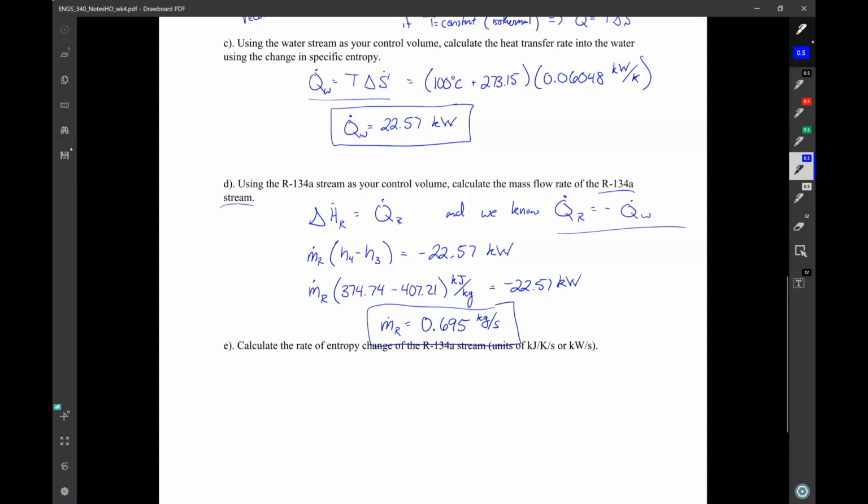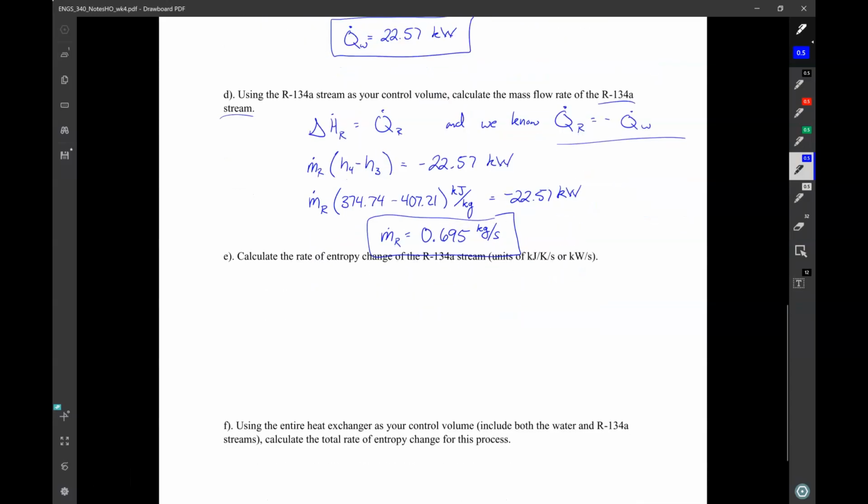We can calculate the rate of entropy change, just like we did with the water. So delta S dot of our refrigerant is equal to the mass flow rate of our refrigerant times the change in entropy, S4 minus S3. And that equals 0.695 kilograms per second times (1.5228 minus 1.6098).